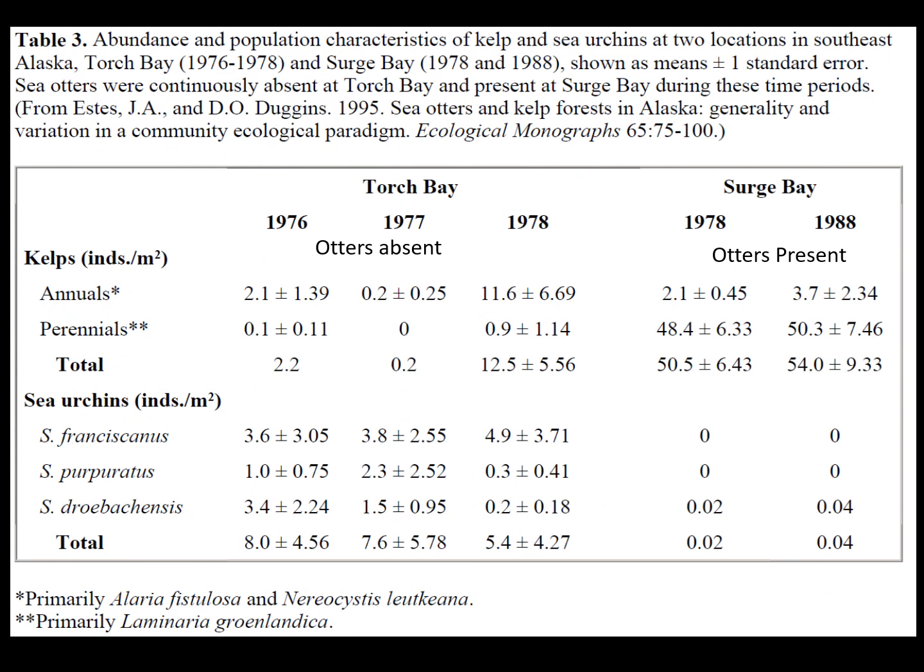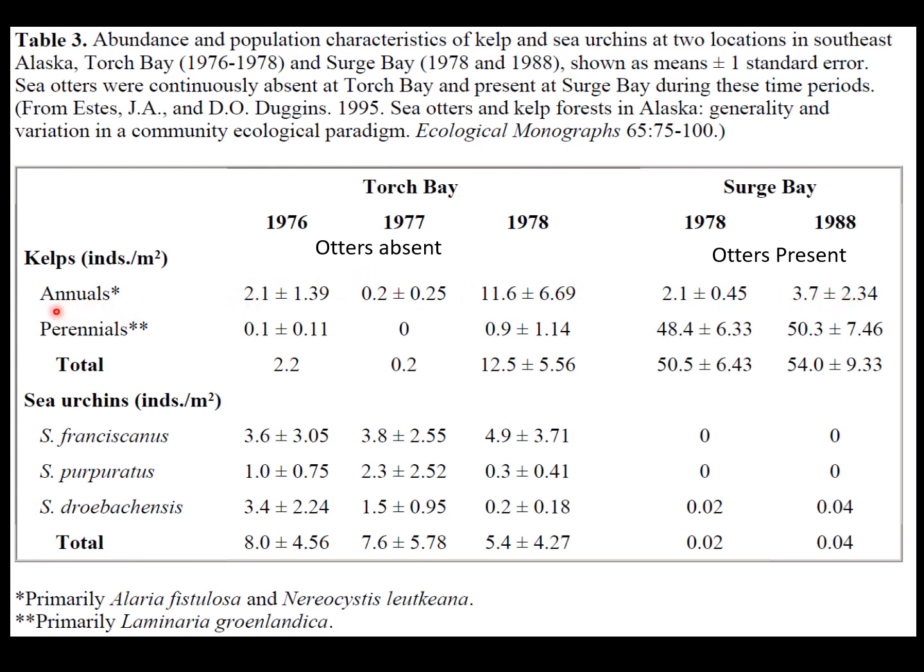In a similar situation over here, we are looking at two different sites again within the Aleutian Islands ecosystem. Sea otters absent here and sea otters present over here. Well, look at the impacts on different types of kelp species. While the annuals suffer the least, it's not that they received less grazing pressure.